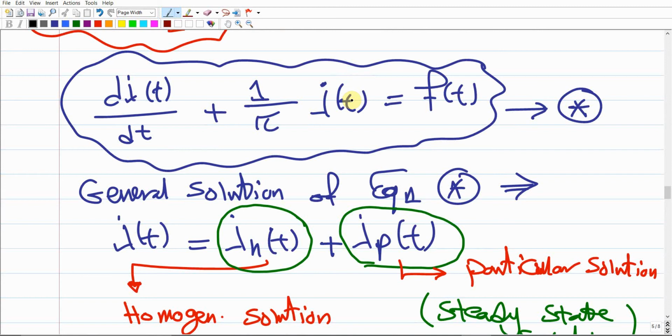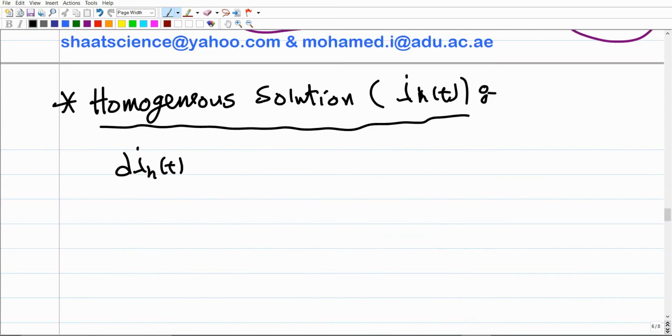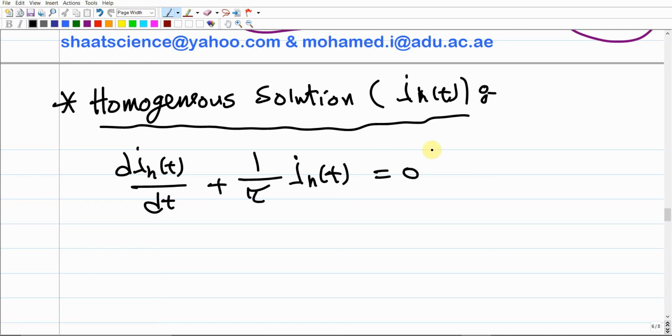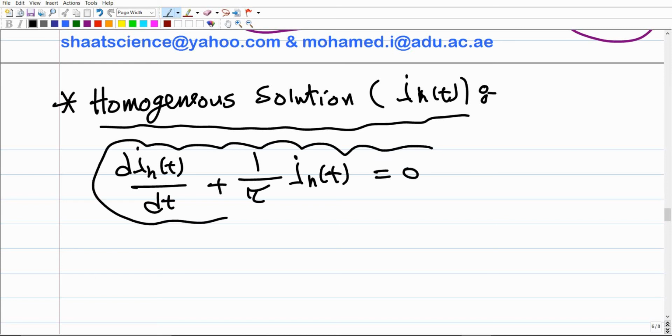So we're going to end up with dIH of T by dt plus 1 over tau times IH of T equals 0. This should give us the homogeneous solution. Solving this ODE simply gives us the homogeneous solution. How can we solve this equation?